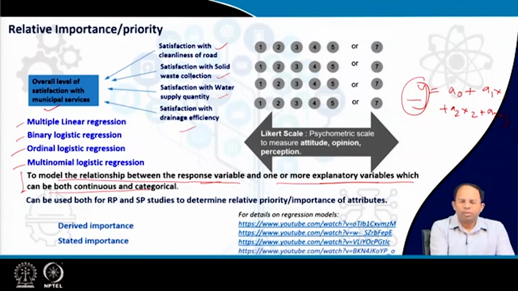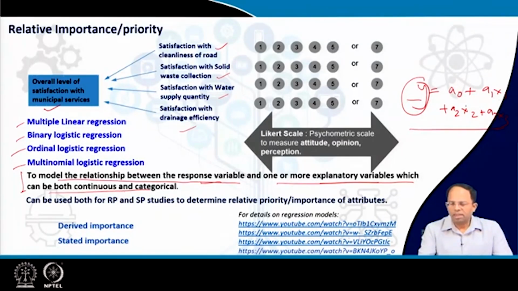Now the relationship between them is defined by this particular equation, where y is equal to a0 plus a1 x1 plus a2 x2 plus a3 x3. So this is the linear regression model, the multiple linear regression model. Our goal is to determine a0, a1, a2, a3 because we are assuming it's a linear model.